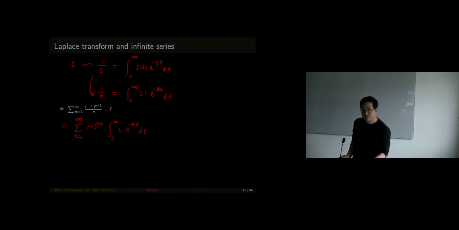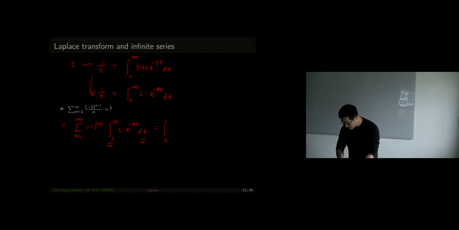Without breaking the equality. This seemingly more complicated step will actually turn out to be helping. We can see my integration is over t, so it's not over n.